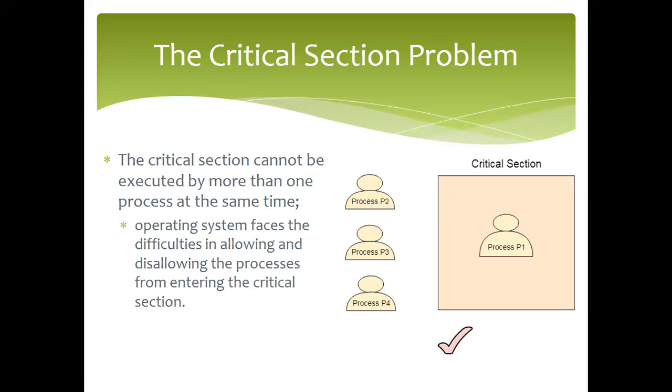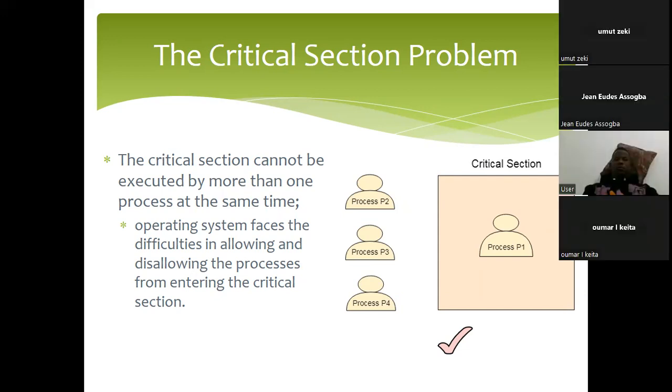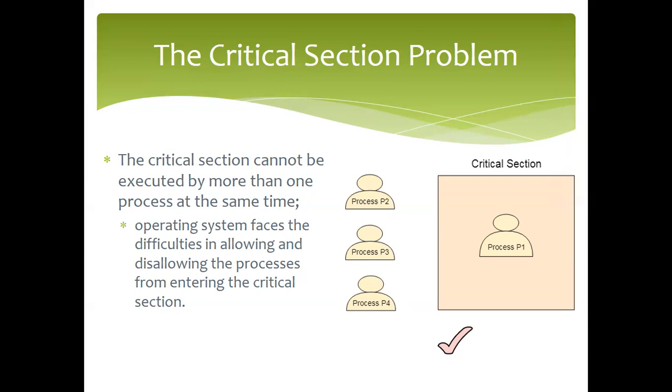The critical section is the region where a process needs to use the shared memory. But we have to be sure that not more than one process enters the critical section at the same time.